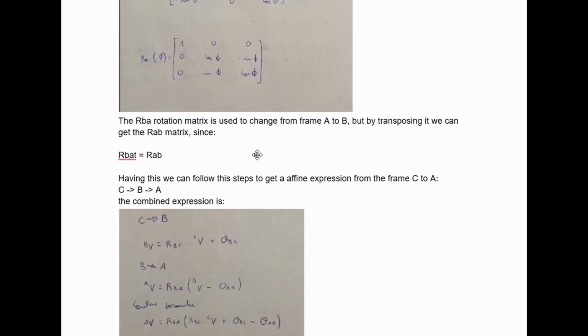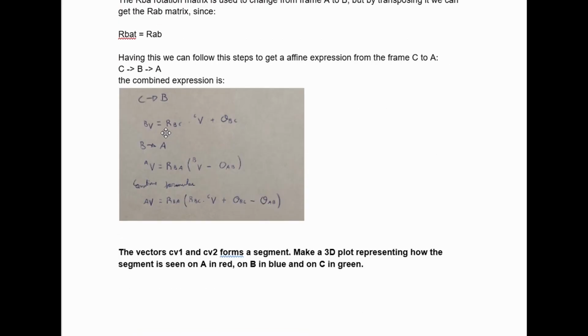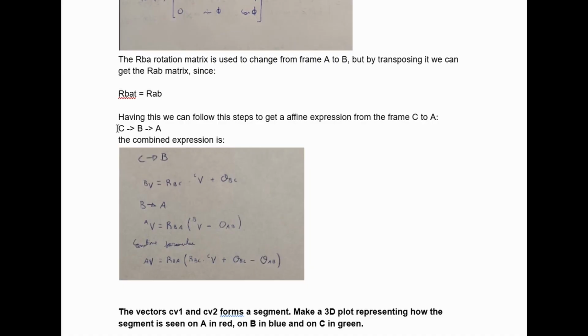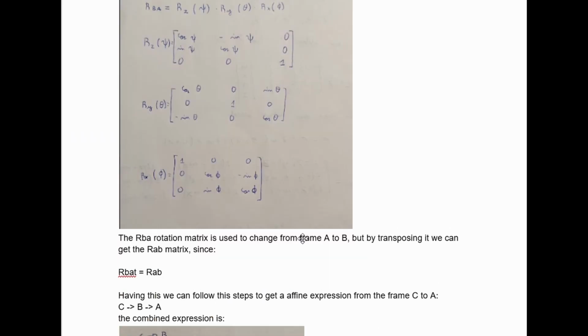Once we have that, we can follow some steps to get the affine expression from the frame C to the frame A. This would be transforming from C to B and then from B to A. We know that from C to B, we only have to use the expression we found on the other part of the exercise, and to transform from B to A, we use this formula that we get from the matrix we have found here.